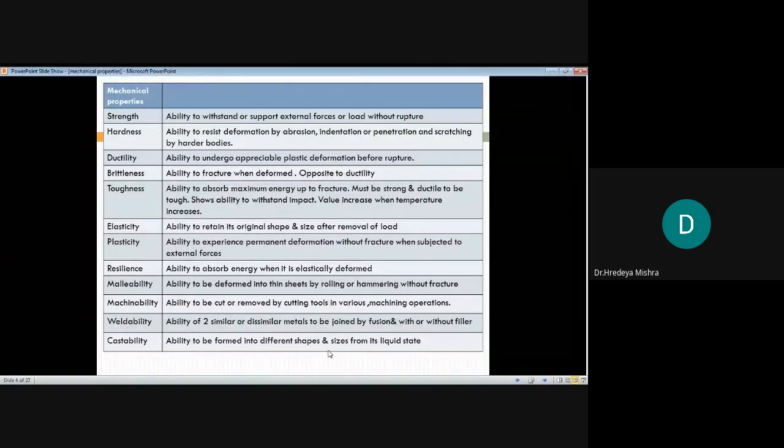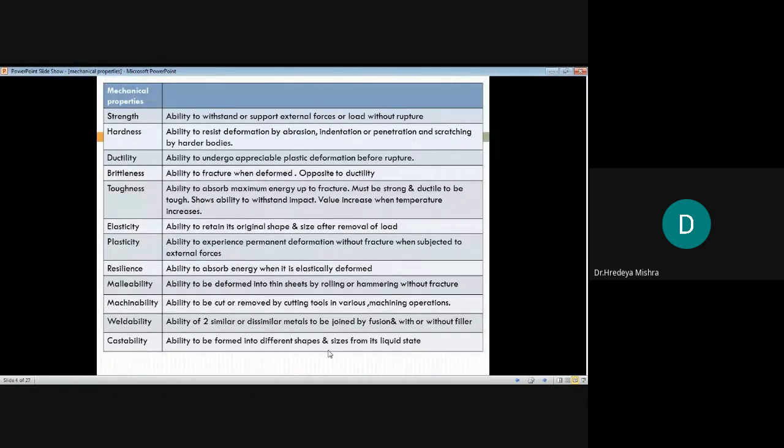So what are these things? Subjected to tension means the component is under tensile force, compressive force, bending force, shearing force, and torsion. These are the different types of load: tensile load, compressive load or compressive force, and bending force.